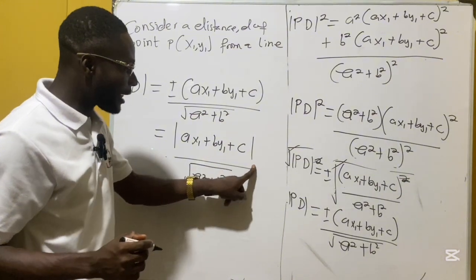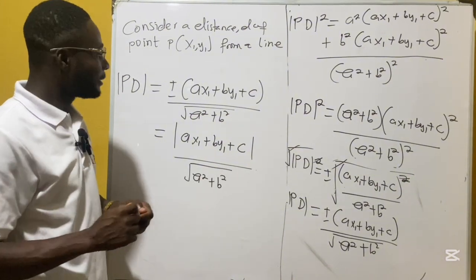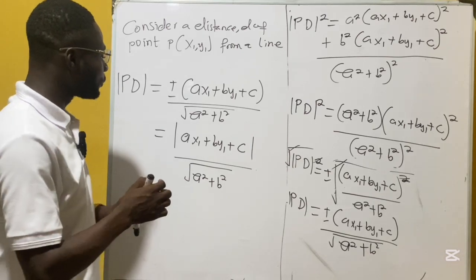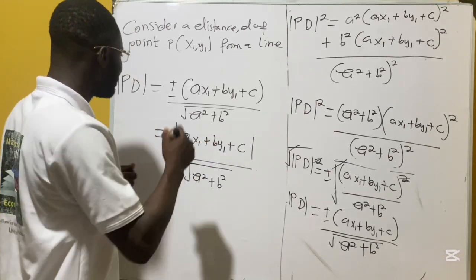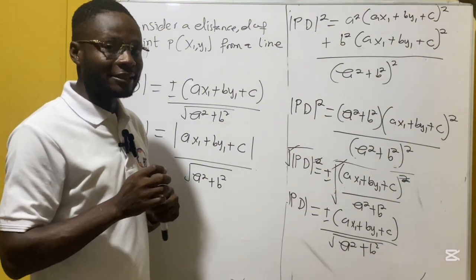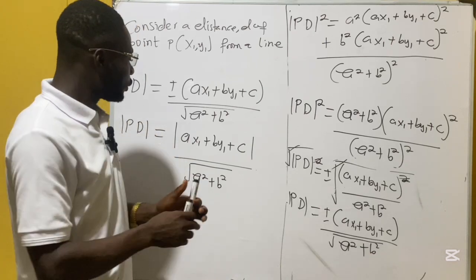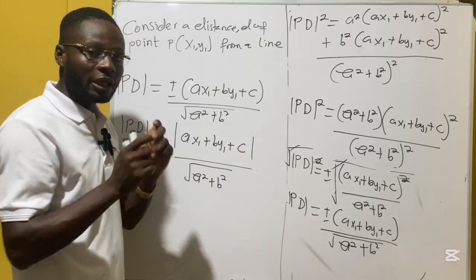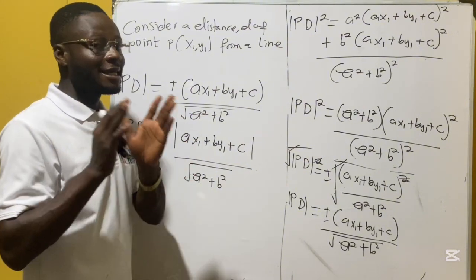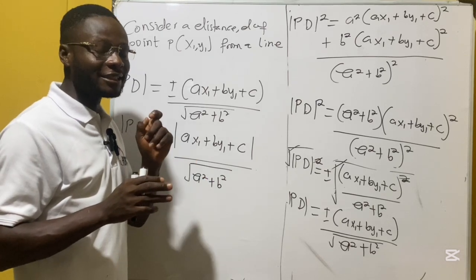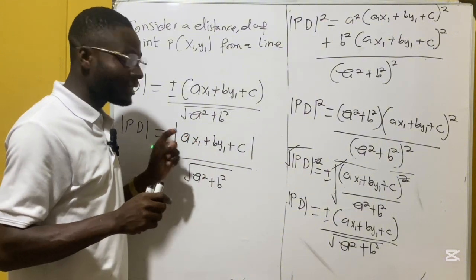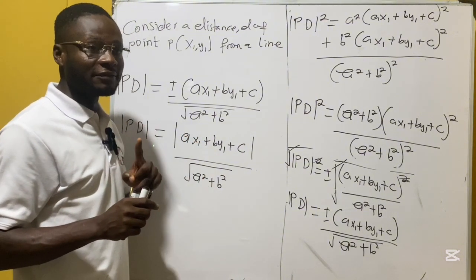So this becomes the distance of a point from a line. The reason why we always use the absolute sign is because distance doesn't encourage negative values. So we use the absolute sign so that we restrict ourselves to positive numbers, right? Absolute contains negative and positive, but in this case, we are interested in the positive values because distance does not value negative numbers.